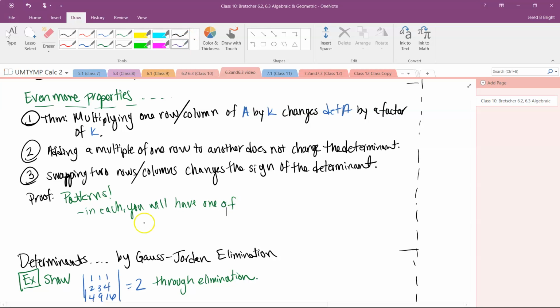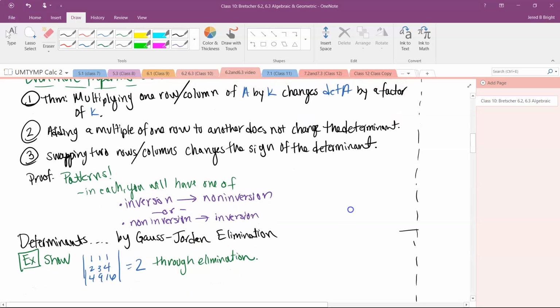You'll either have an inversion, and when you change it, it'll change to a non-inversion, or you will have a non-inversion, which will produce an inversion once you change it. That's going to be the reason for the change, particularly in number 3.